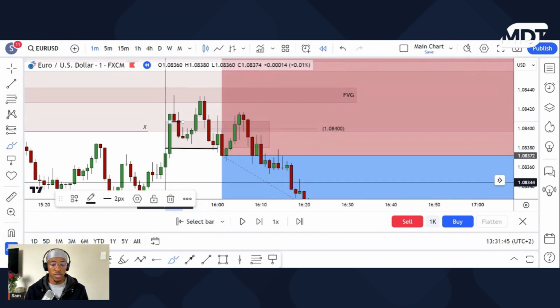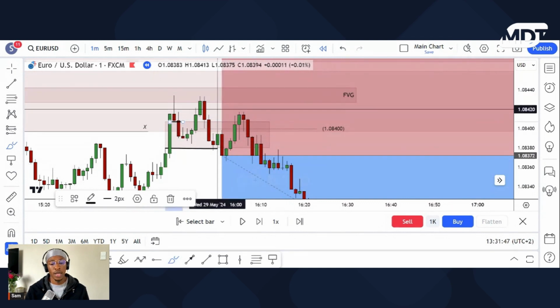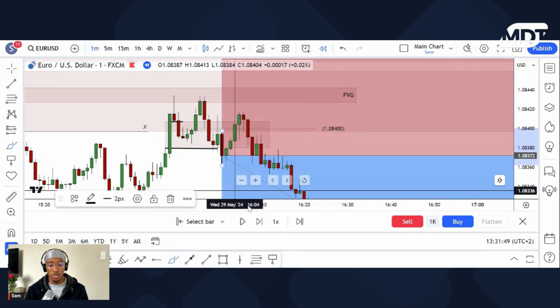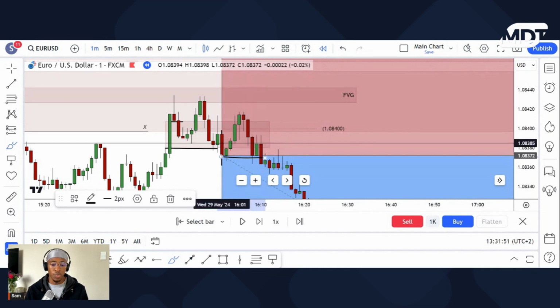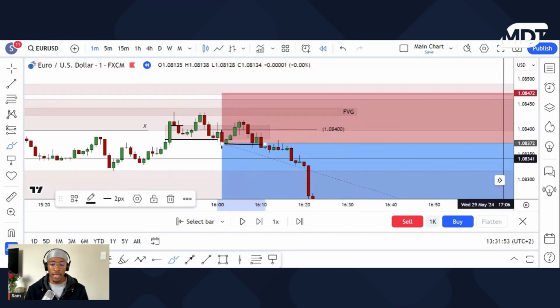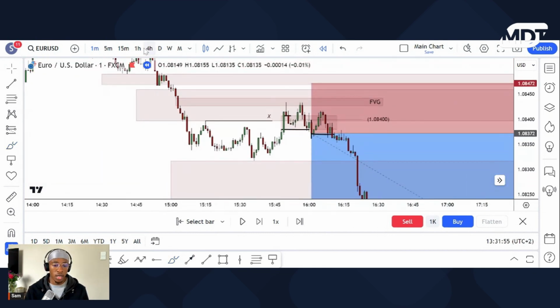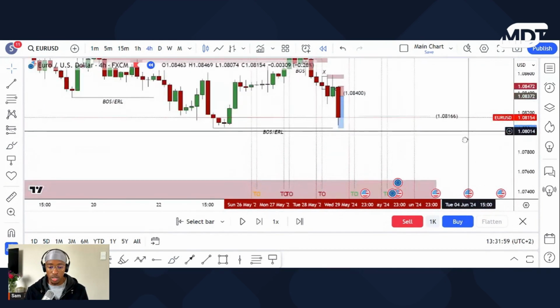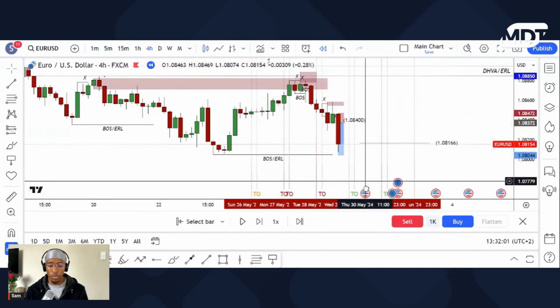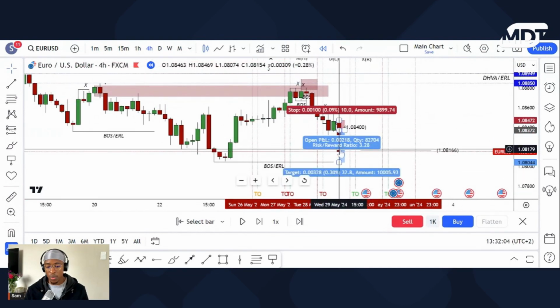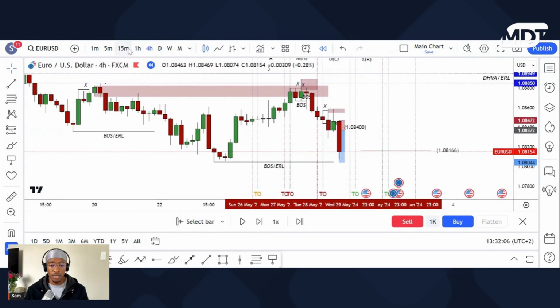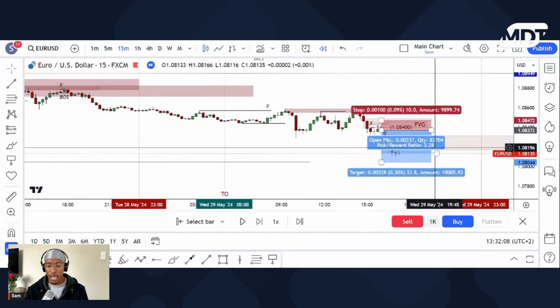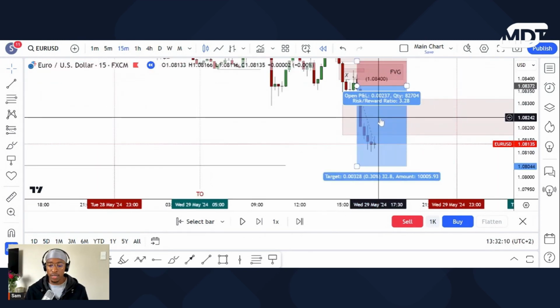So here was the fair value gap that forms to the upside, and then we inverted that when we closed right there, and I was taking that as a market order. And our target then would have been the 4 hour external range liquidity, one of those just there. You can see that displaced quite aggressively after that, and that was about a 3.28%.